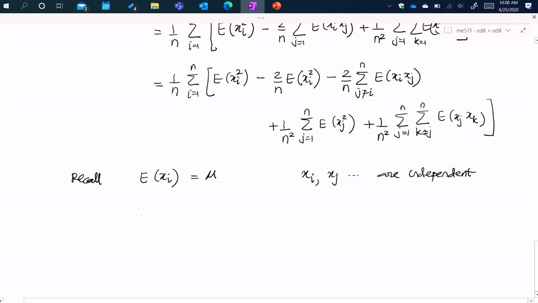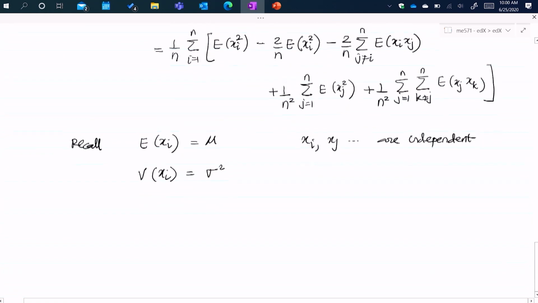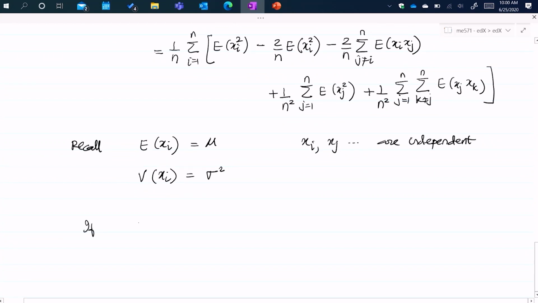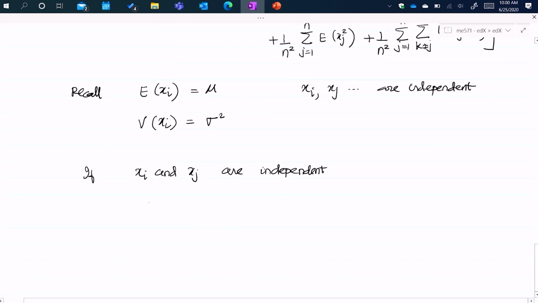And recall also that the variance of xi is sigma squared. By using the same logic, if xi and xj are independent observations, then the expected value of xi xj, which we know from our product formula, is the expected value of xi times the expected value of xj, which we can write as mu squared.